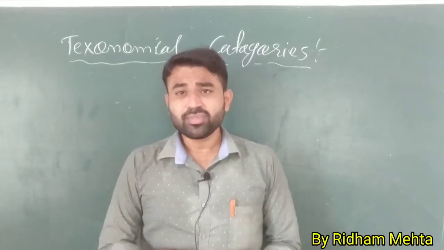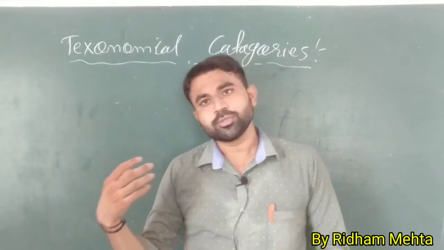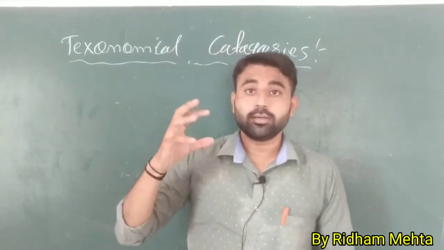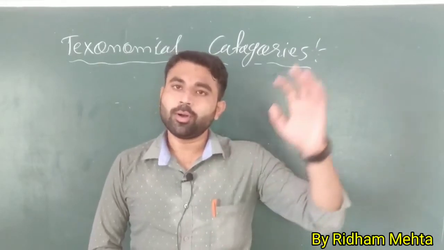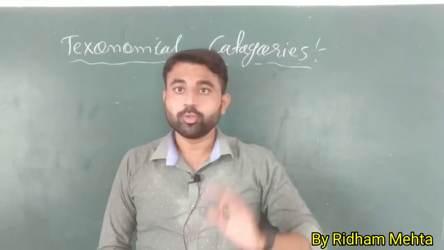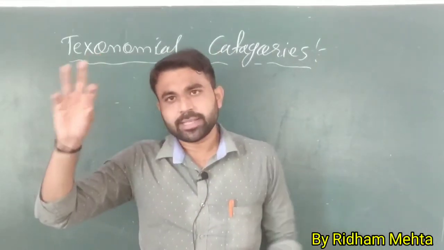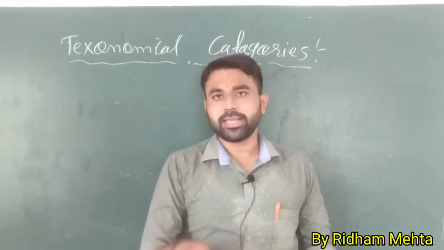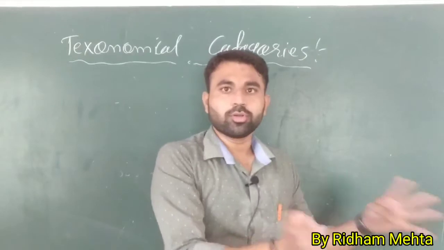So when you observe some animals, birds, or plants, you become aware of their characters, and you know about their characters. According to their similar and dissimilar characters, you separate them on the basis of those characters. It is not that you put them in just any group.